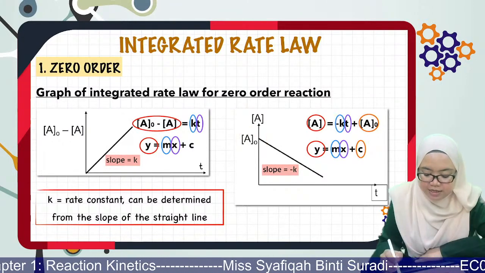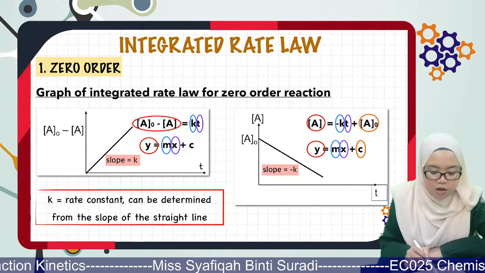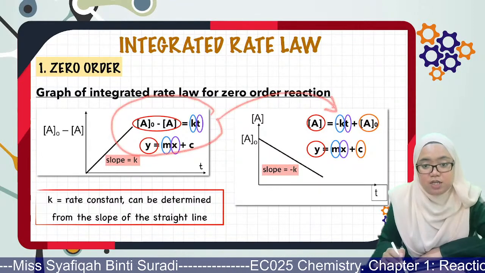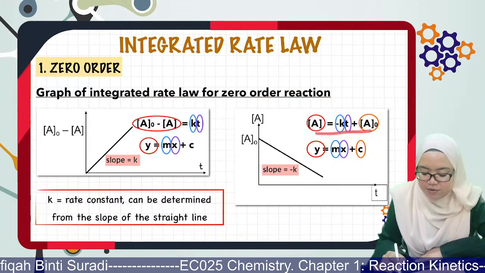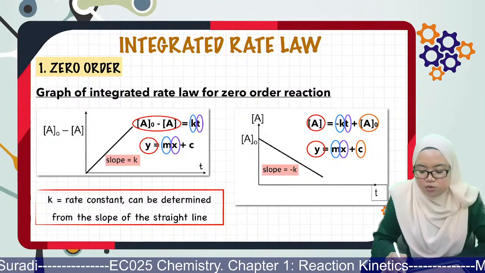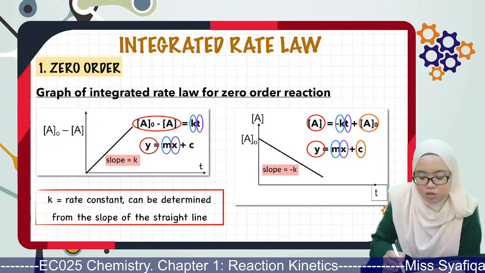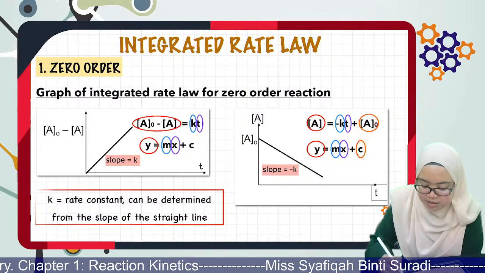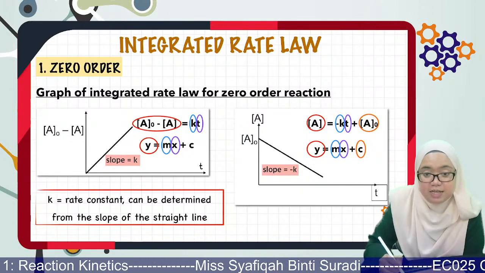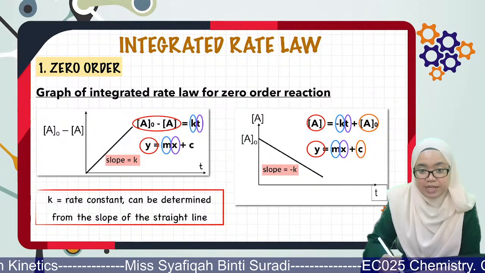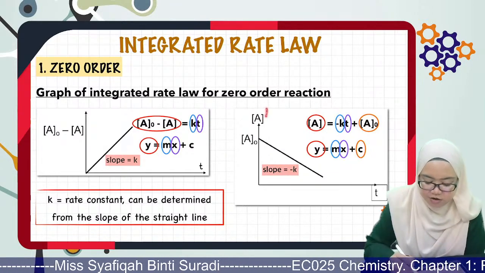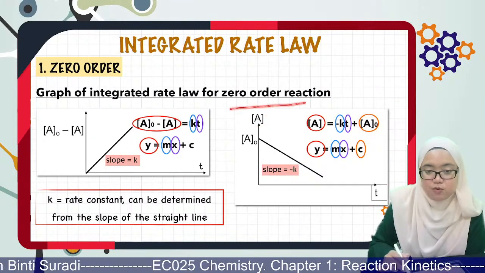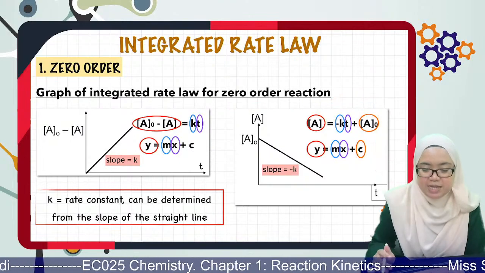So how you will get this graph? Bila you rearrange this integrated rate law untuk jadi this kind of equation lah. A equals to negative KT plus A0. So this is our y-intercept. So kita punya gradient kita adalah negative slope. Okay, negative K. Okay, so ini adalah graph of concentration against time. So ini juga adalah sebenarnya graph untuk half-life awak. Okay, yang kita akan tengok sekejap lagi.